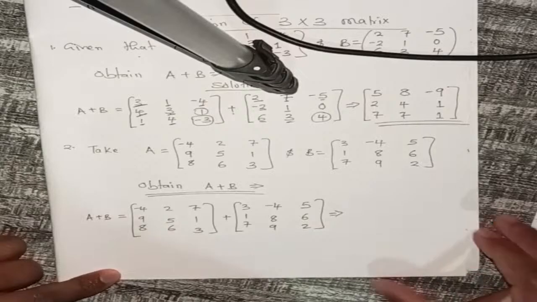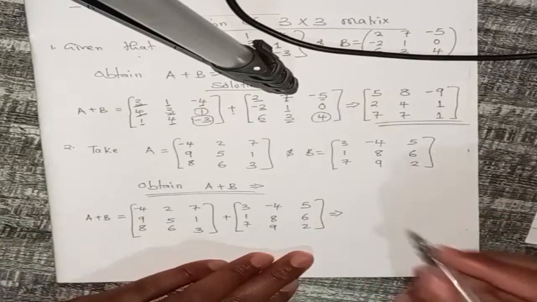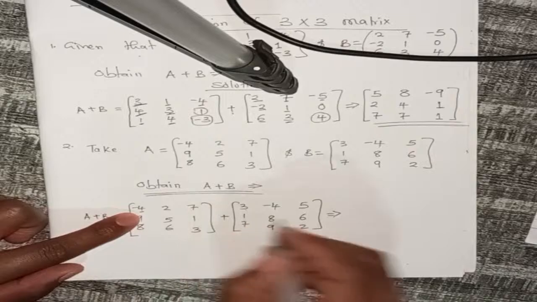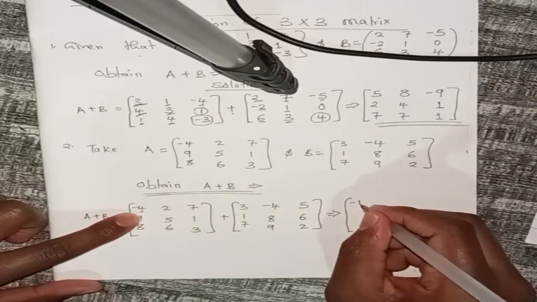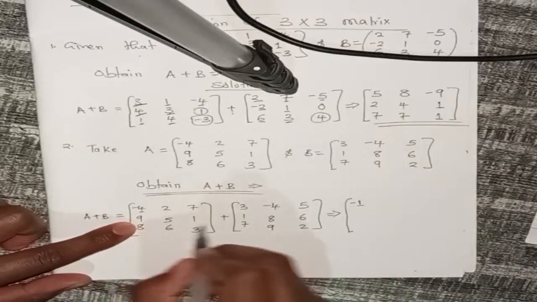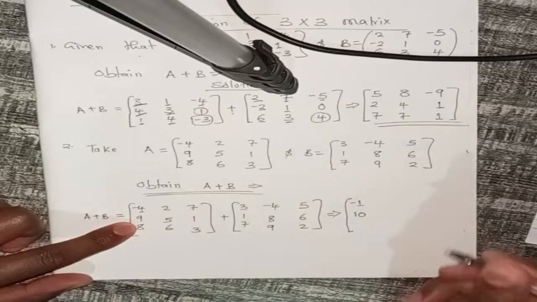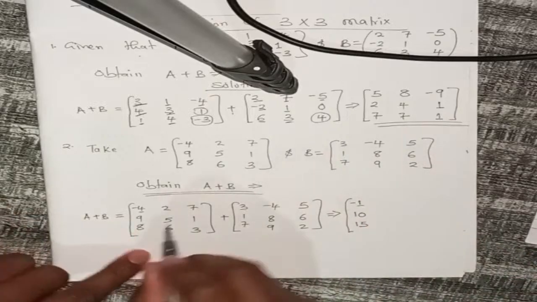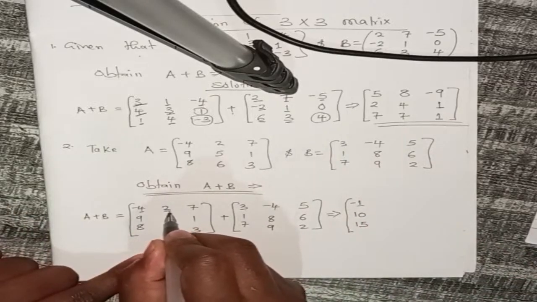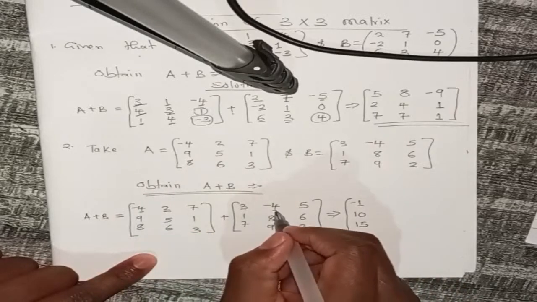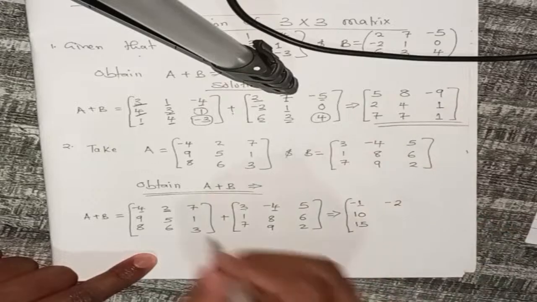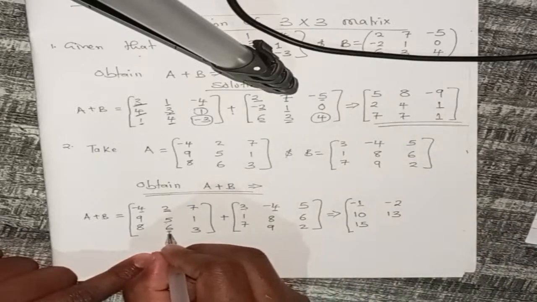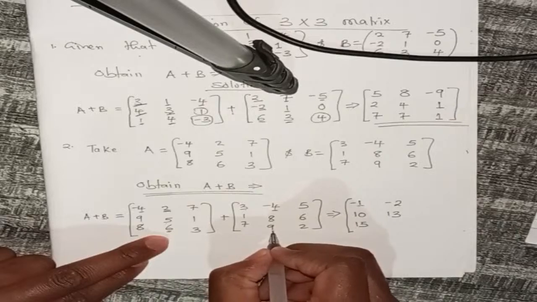This is equivalent to saying that we take minus 4 plus 3, we get minus 1. 9 plus 1, we get 10. 8 plus 7, we get 15. Then 2 plus minus 4, we get minus 2. 5 plus 8, we get 13. 6 plus 9, we get 15.